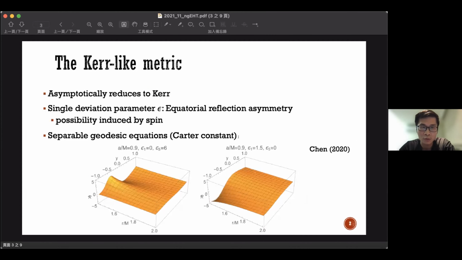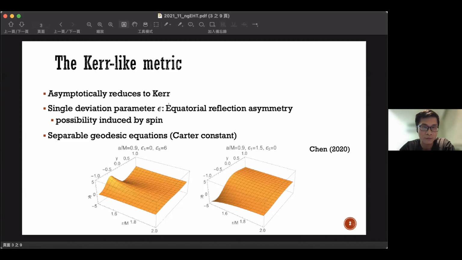Now we do have a metric, and I'm not going to talk about the details of how we construct it. The details are all in the paper. Here I would just like to summarize what we have in the metric. First of all, the metric reduces to Kerr asymptotically, as it should. Second, the metric contains a single deviation parameter epsilon, and this epsilon controls the equatorial reflection asymmetry.